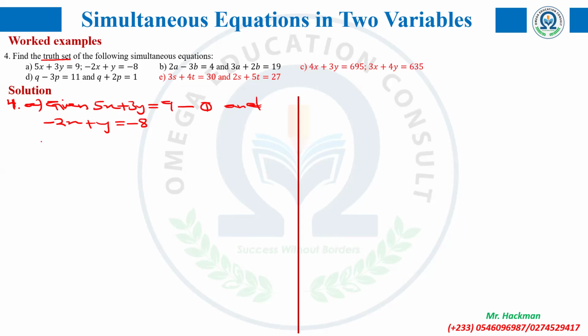This implies that, make y the subject before labeling the equation. So I'll get y is equal to, then I move this one here. This will be positive, this will be negative. So it will be minus 8 plus 2x, but it is better you write a positive term first. So it will be 2x minus 8. Then you call this equation 2. Is my point well made?